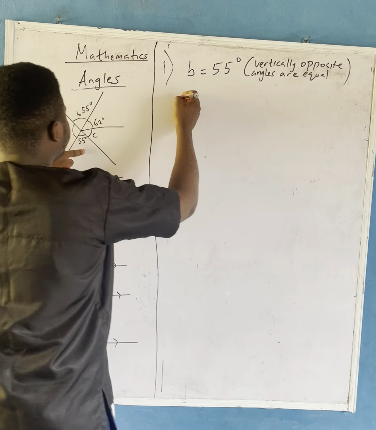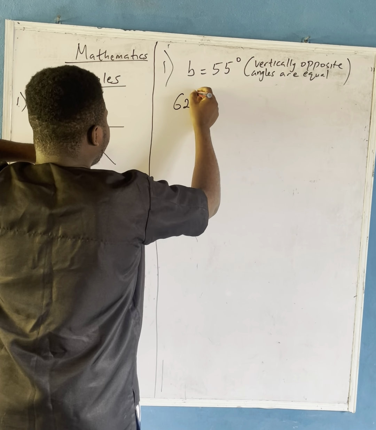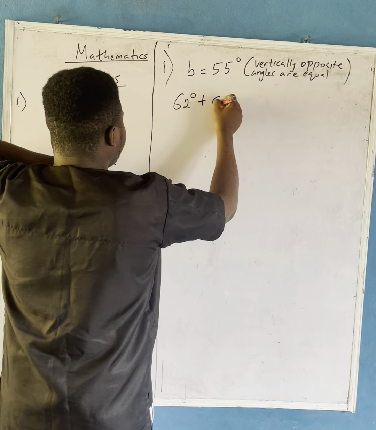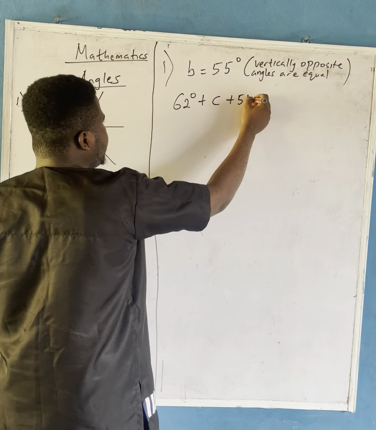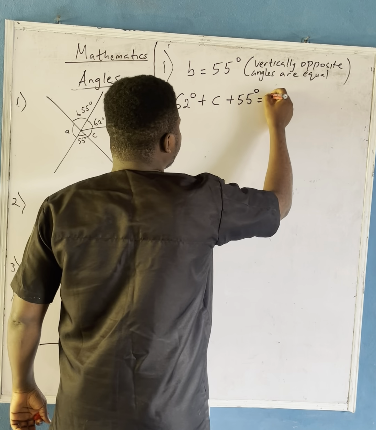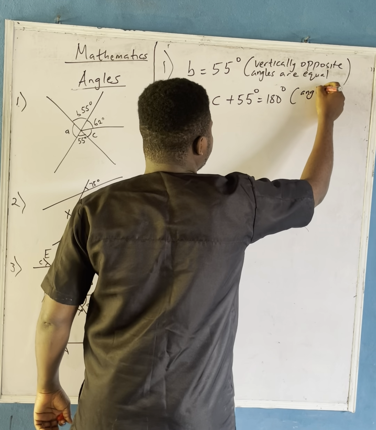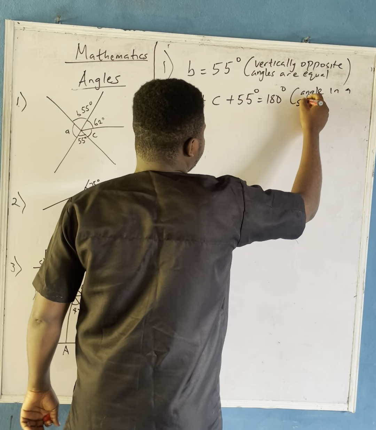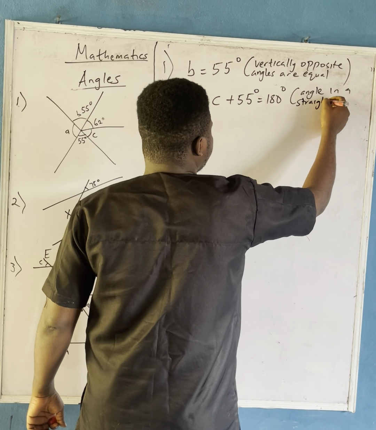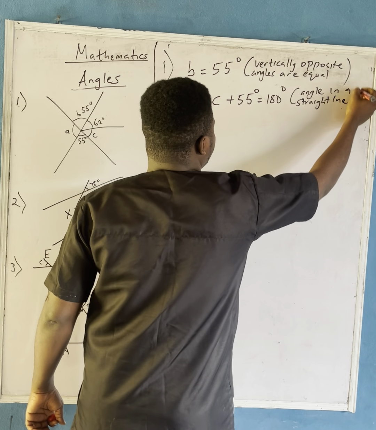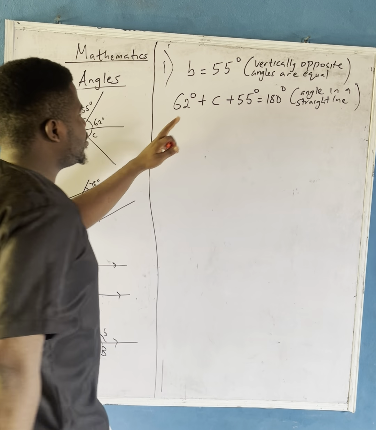So 62 degree plus C plus 55 degree is equal to 180 degree. That is angle in a straight line.